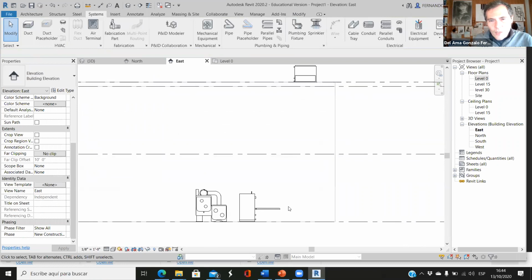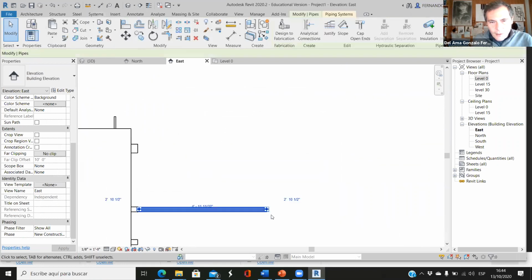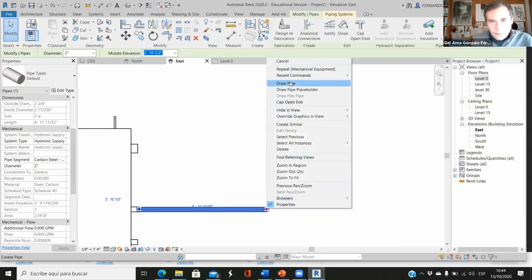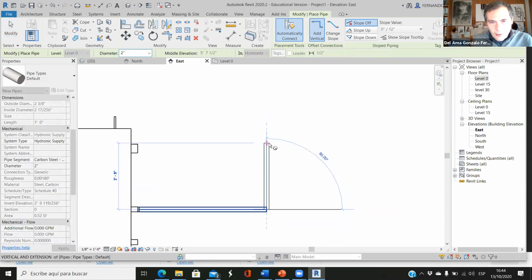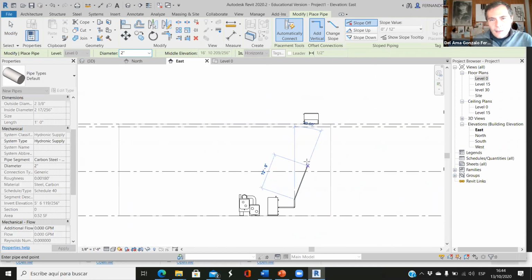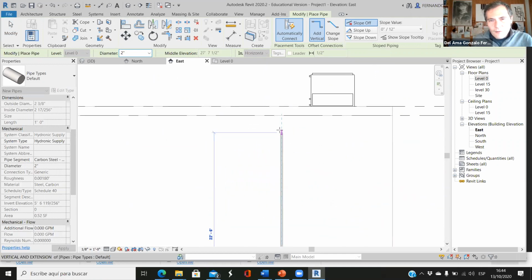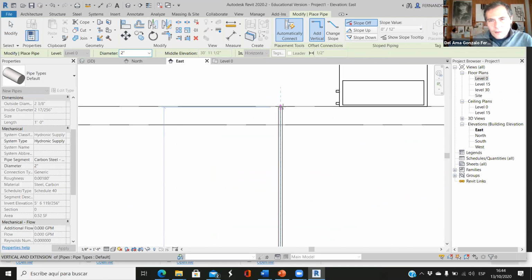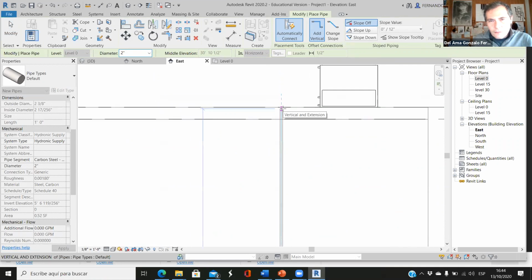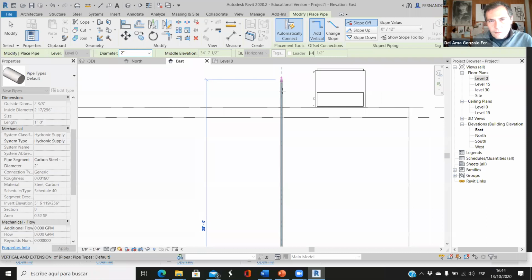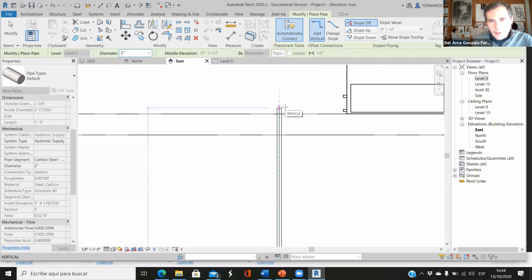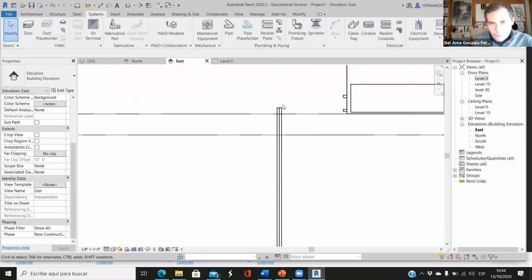Okay, so once we have selected this, I can go up. And if everything goes well, yeah, we have the elbow here. So remember that we have to connect this to the air handling unit. So let's go just beyond the roof level, okay?